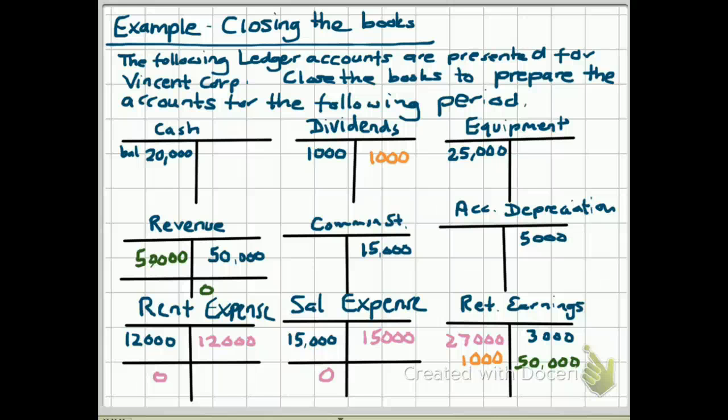Now that we've closed out the temporary accounts, let's take a balance for our retained earnings account. Our retained earnings account has a balance of $25,000.